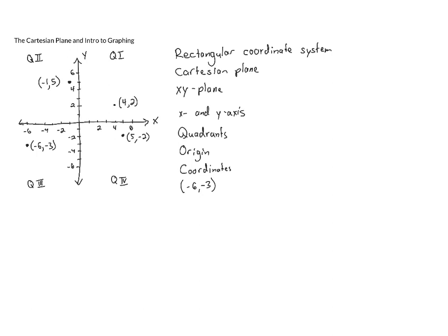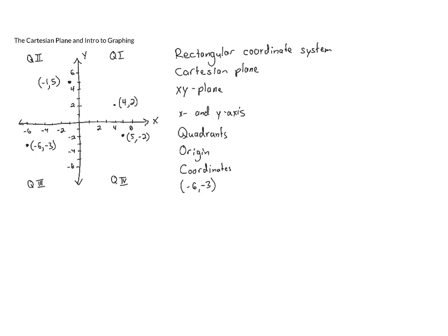So long as you picked a positive x-coordinate and a negative y-coordinate, that's going to be in the 4th quadrant. We've got a positive 5, 1, 2, 3, 4, 5 for the x-coordinate, and a -2, 1, 2 down for the y-coordinate, and there we are. So every point has a corresponding pair of coordinates. Every pair of coordinates has a corresponding point.